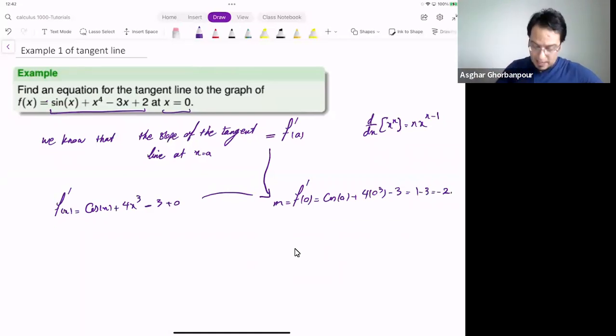We found the slope. We also need a point on the line.